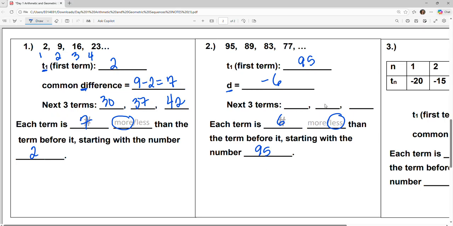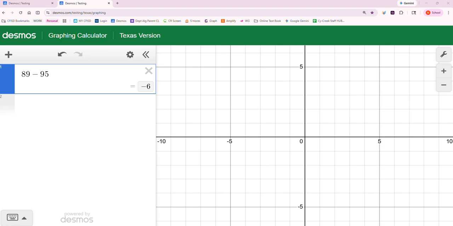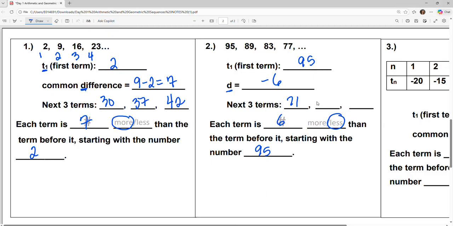We're going to generate the next 3 terms. So 77 take away 6 is going to give me 71. 71 take away 6 is going to give me 65. 65 take away 6 is going to give me 59. So notice our numbers are getting smaller.